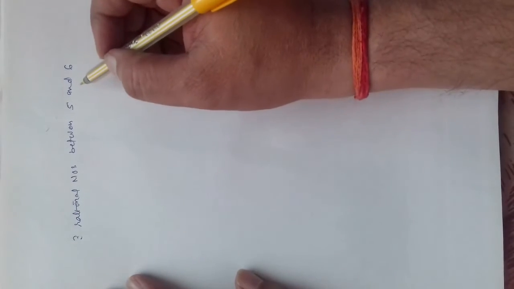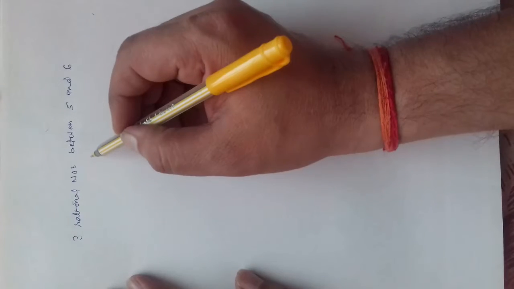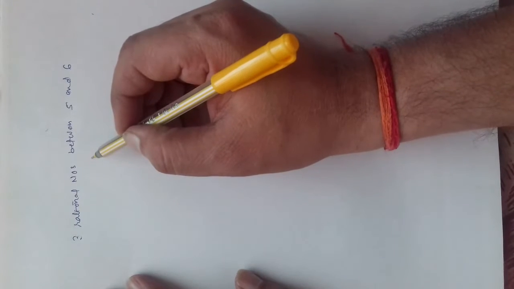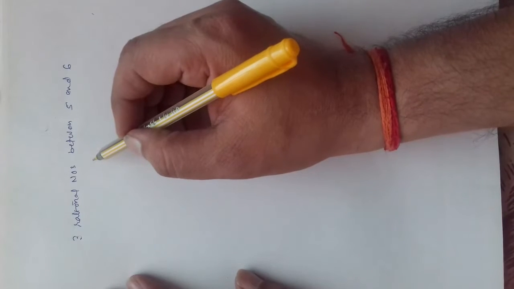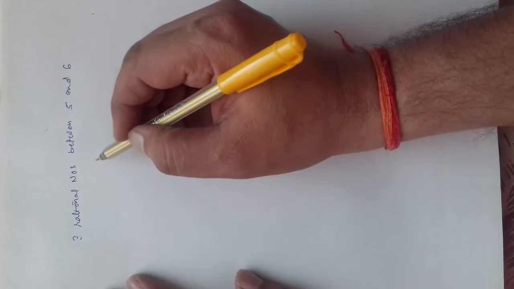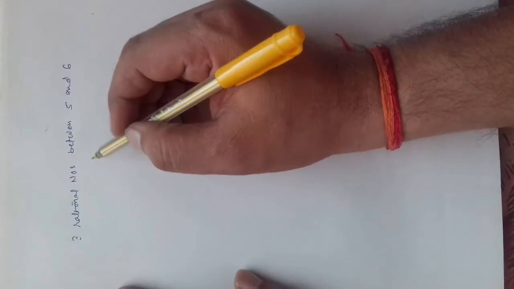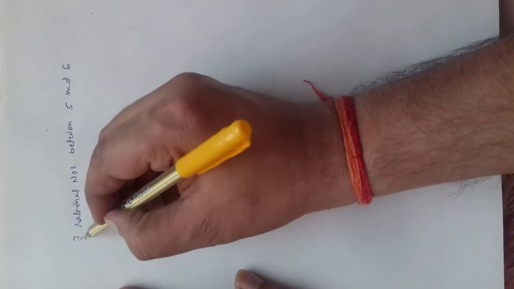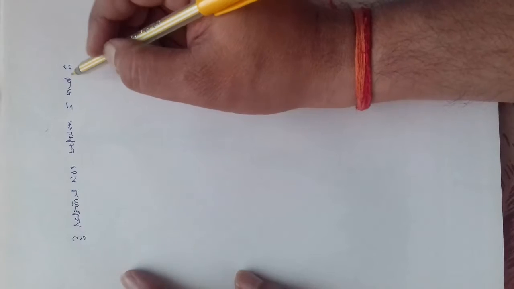As you know, if we move on the number line, we see that we can insert infinitely many numbers between 5 and 6. So in this method we can check how we can insert 3 or more numbers in between 5 and 6.